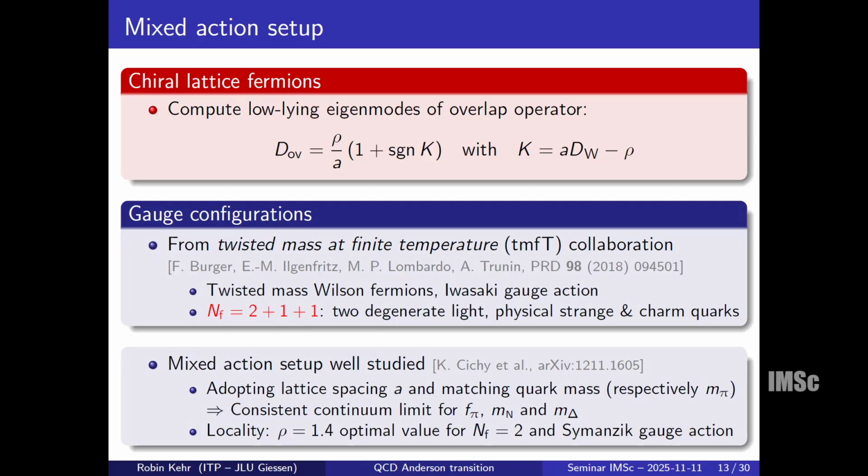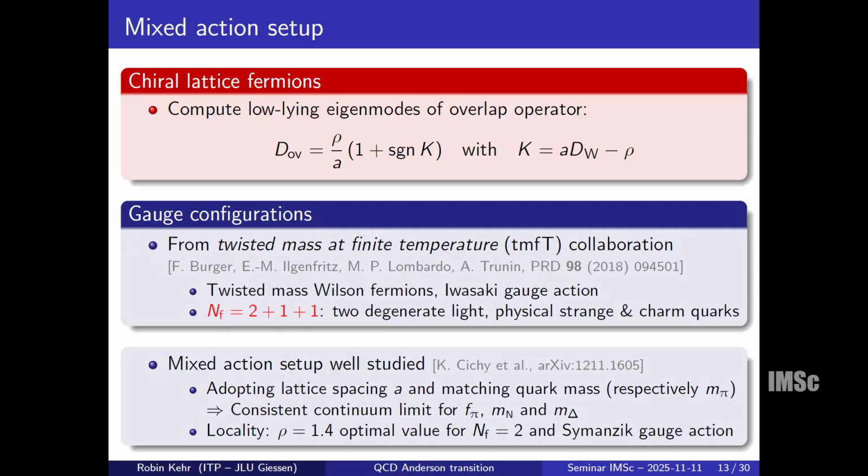Usually you have to do some matching, because they converge differently to the continuum limit. And here it was studied that if you adopt the lattice spacing from these twisted mass configurations and then match the quark mass, then you actually get a well-defined continuum limit and extract f_pi, m_N, and m_Delta.